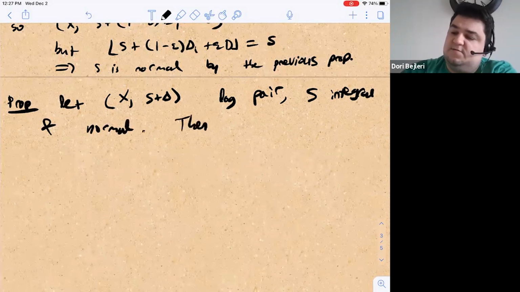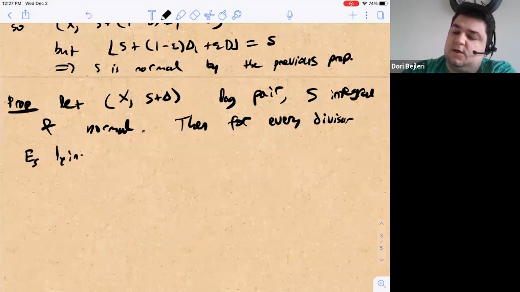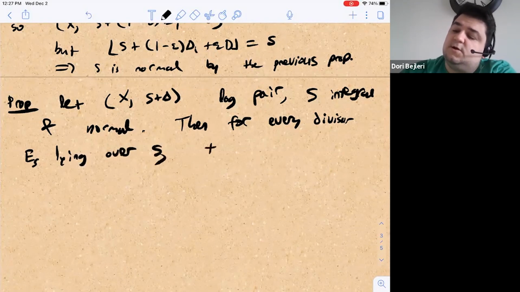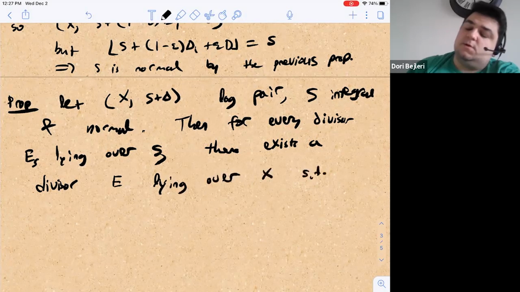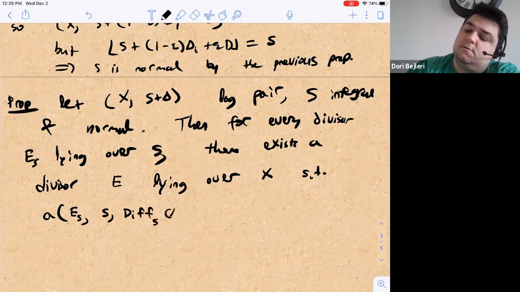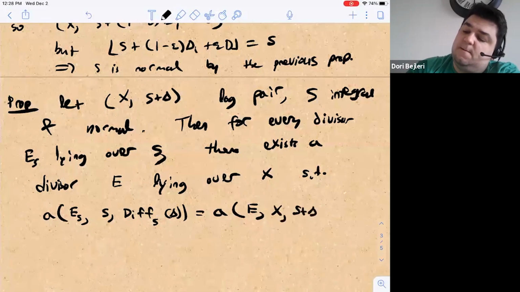Then for every divisor E_S lying over S, there exists a divisor E lying over X such that the discrepancy of E_S for the pair S, comma the different, is equal to the discrepancy of E for the pair X, S plus delta.